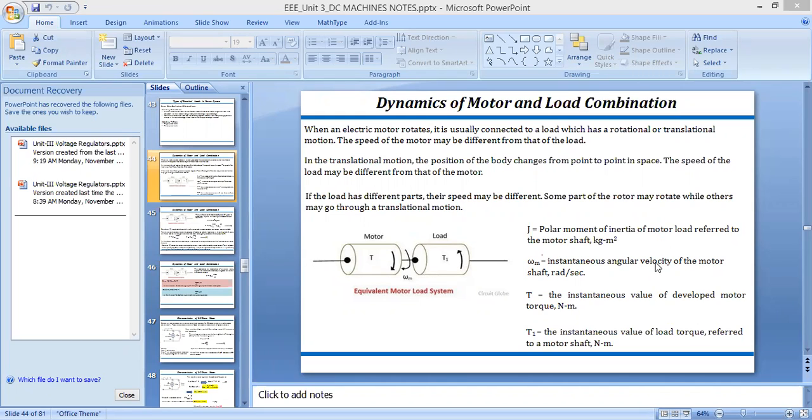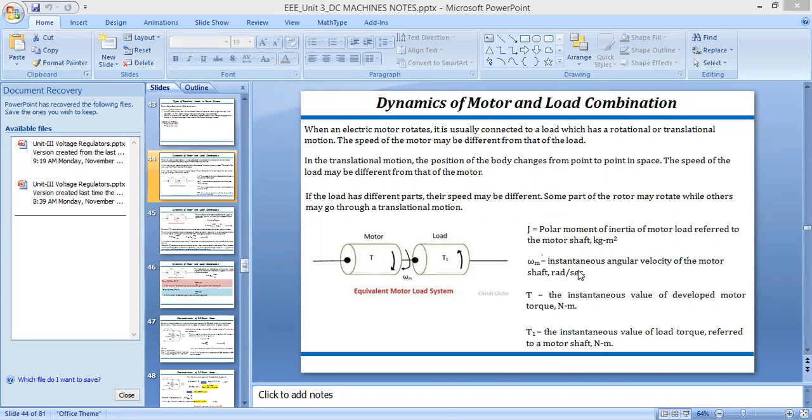Speed and velocity have nearly the same meaning. The difference is that speed is a scalar quantity without direction, and velocity is a vector quantity because it has direction. So Wm is the angular velocity of the motor, which has direction.